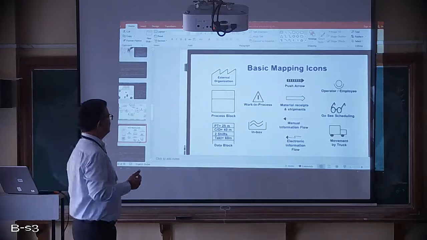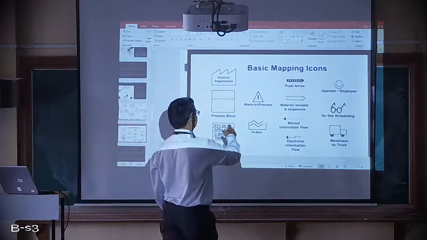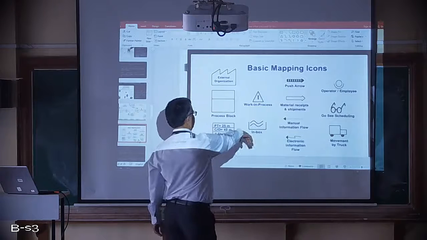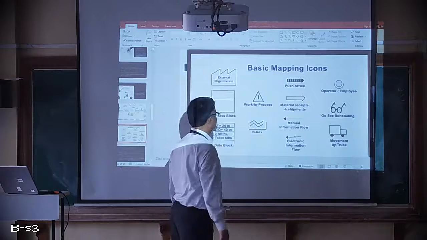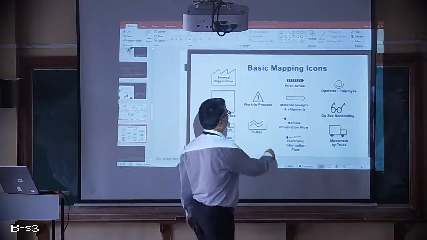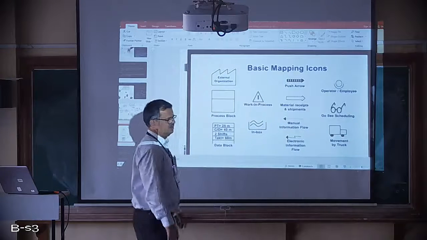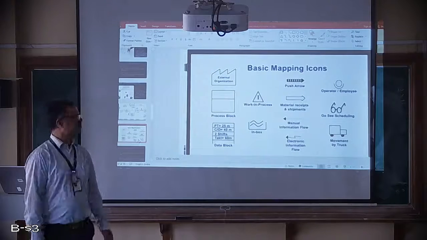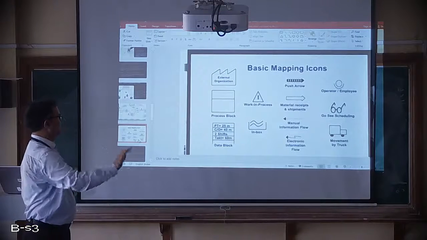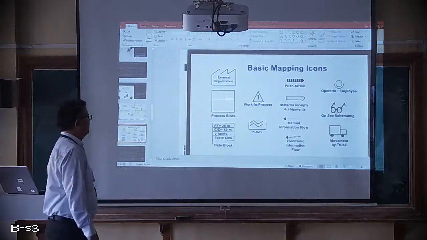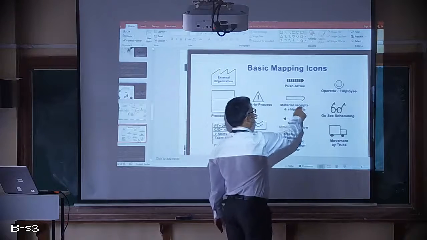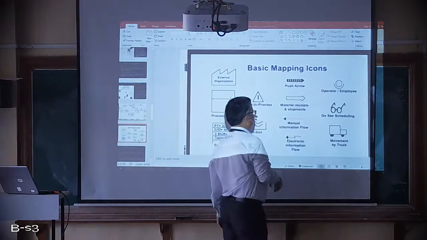Next, work in process, WIP, is shown like this, as a triangle. The data box shows where data is stored. Then the push arrow, since we talk about push systems and pull systems, shows movement forward. Material receipts and shipments are shown using an arrow marker.